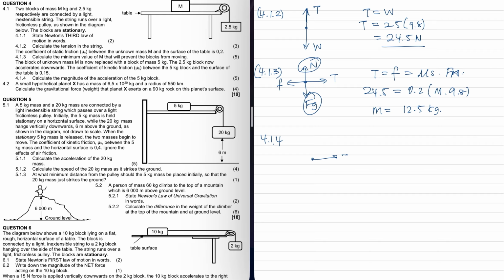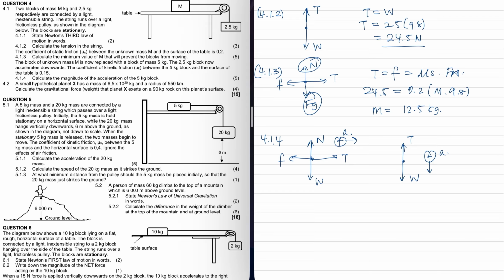So we have tension, friction, the normal, and gravity or weight, and this time we have acceleration that way. For the other block, we have tension, the weight, and acceleration downward. So they want us to calculate the magnitude of the acceleration of the 5 kilogram block.